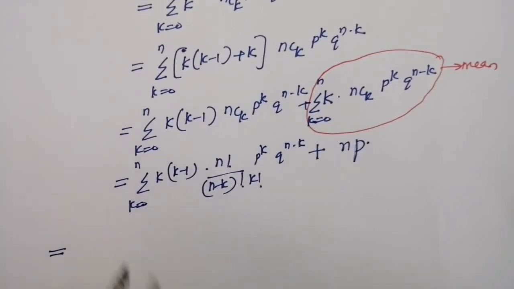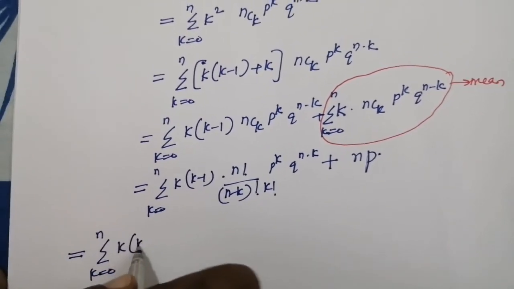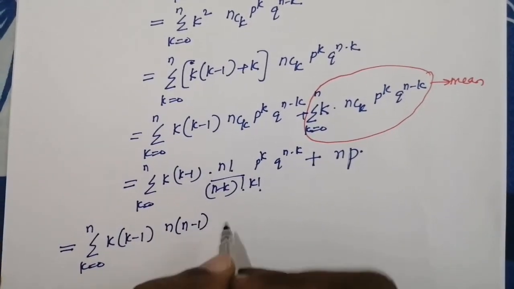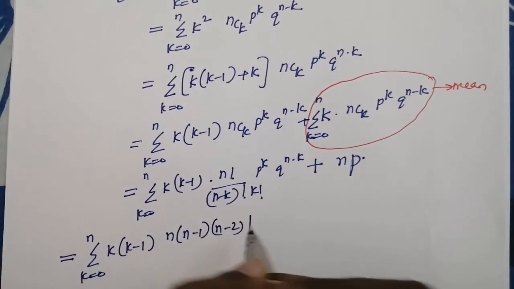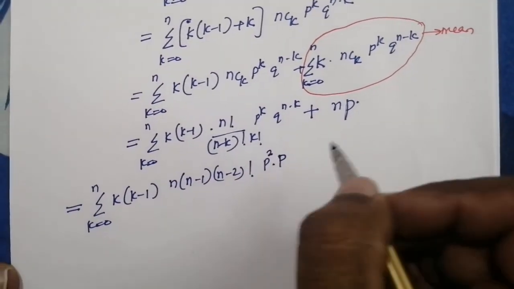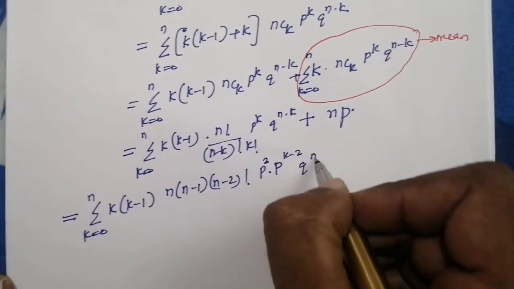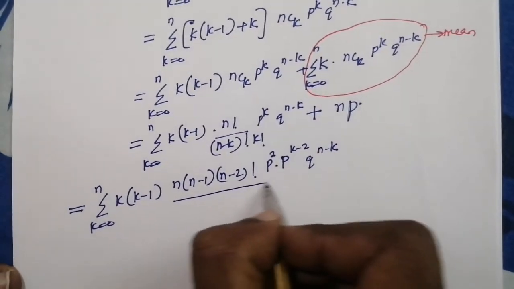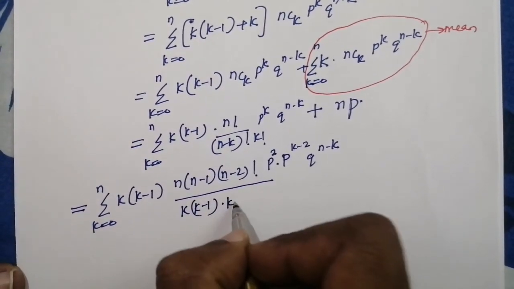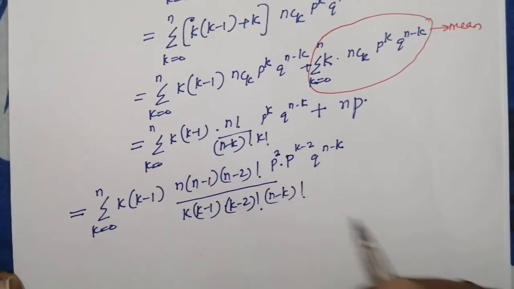Now this will be equal to sigma k equal to 0 to n, k into (k minus 1). N factorial can be written as n into (n minus 1) into (n minus 2) factorial, p square into p raised to k minus 2, q raised to n minus k, divided by k into (k minus 1) into (k minus 2) factorial into (n minus k) factorial.